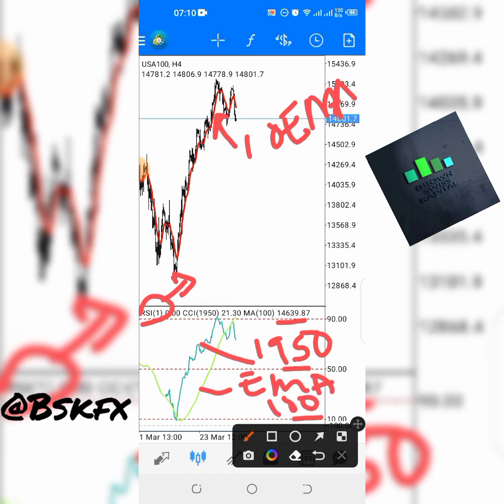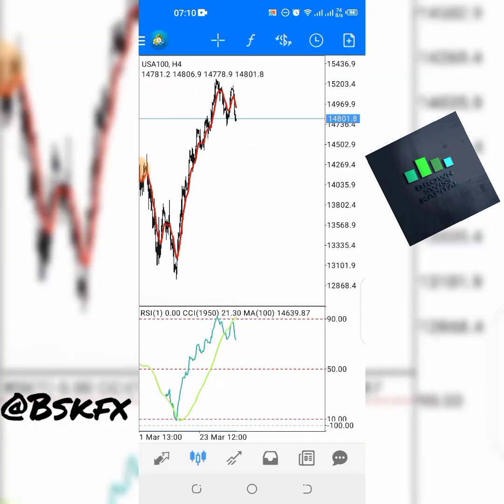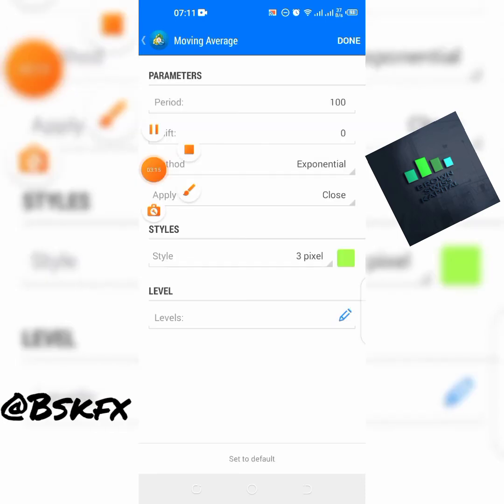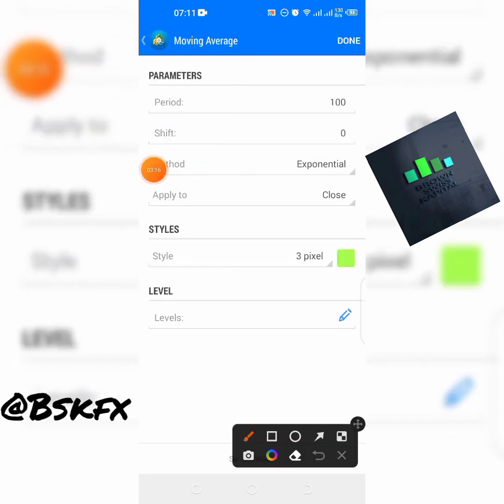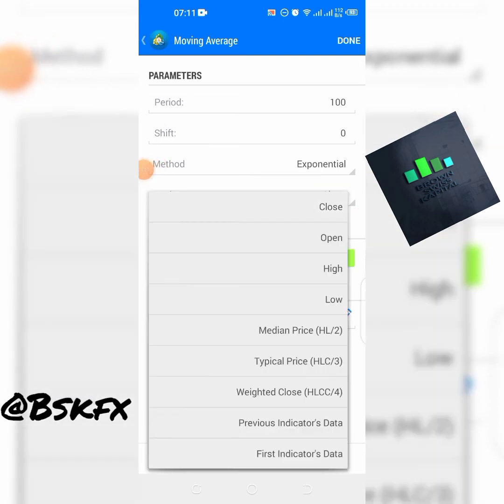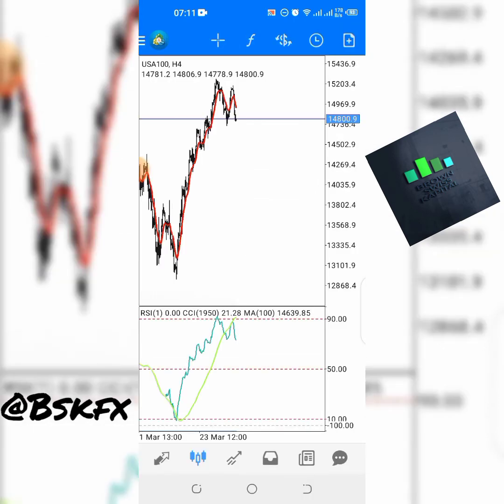And for this EMA 100, you have to know how to apply it. You apply it to the close, because there are quite a few options here. You don't apply it to the previous indicator data or first indicator data, apply to close. Otherwise it will be something else.